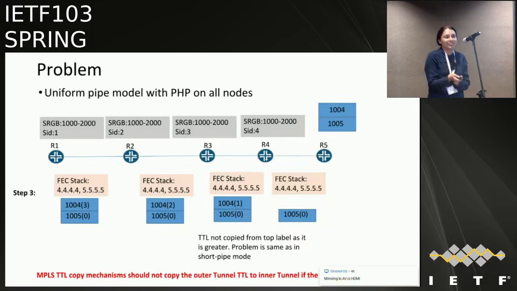I'm not saying you change that, because if you change that, things won't work. If we say you have to copy, then this doesn't work, because the moment you copy 254 to the bottom label, you're gone. Your traceroute won't work.